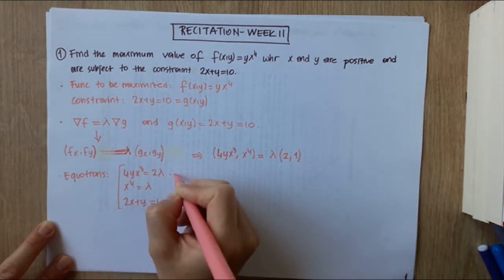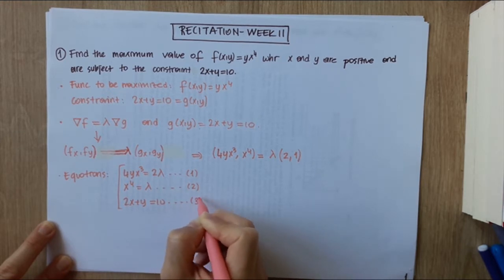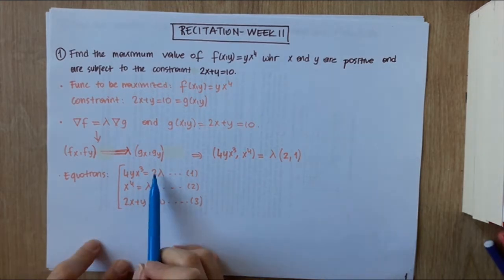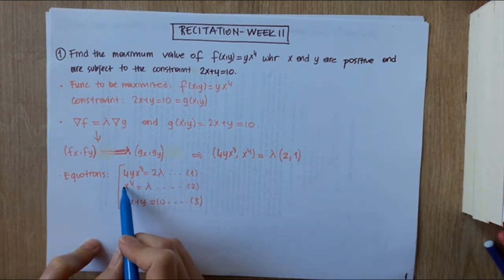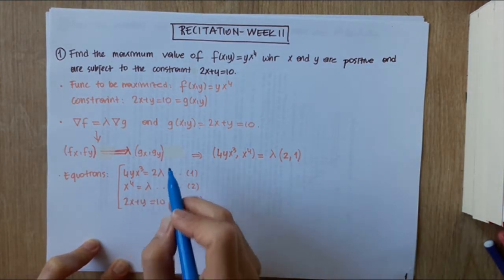So we have three different equations. If you look at the first two, you can make a relation between them, because on the right hand side of these equations we have lambda and 2 lambda.